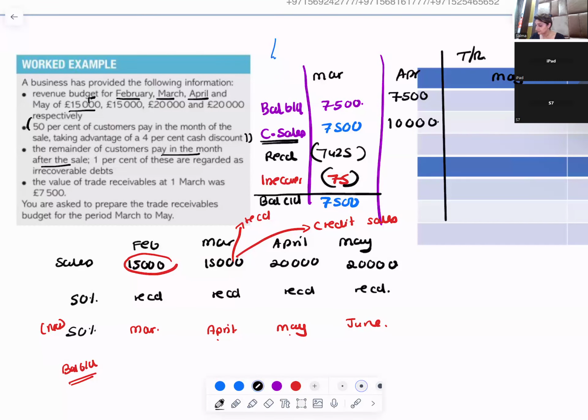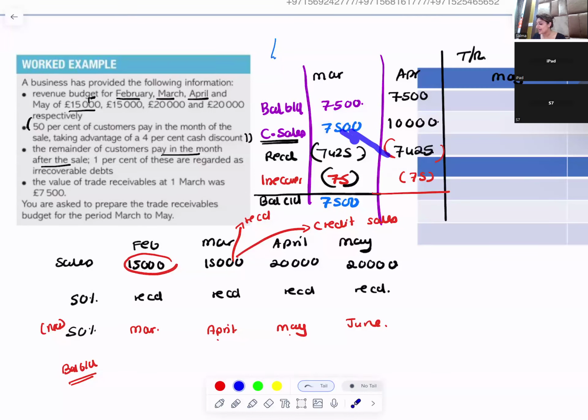What you receive is the previous month's credit sales, 7,500, of which we treated 7,425 as credit sales and 75 as irrecoverable debts.